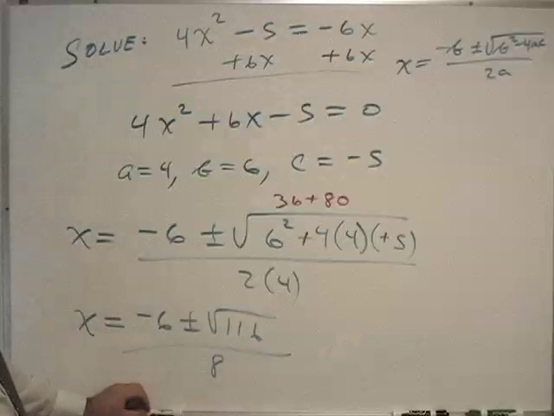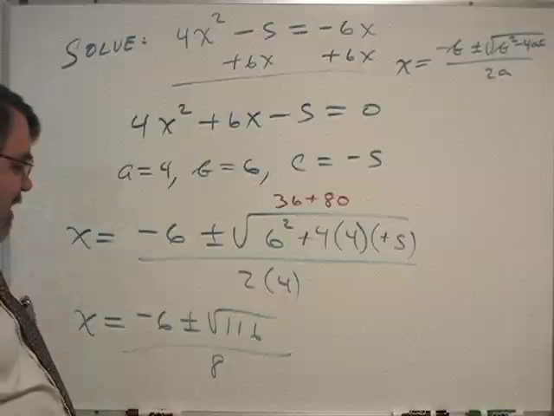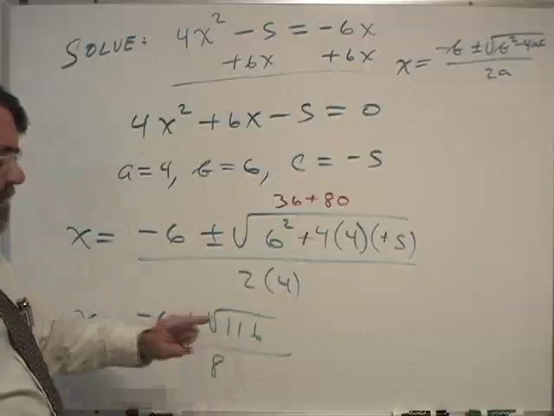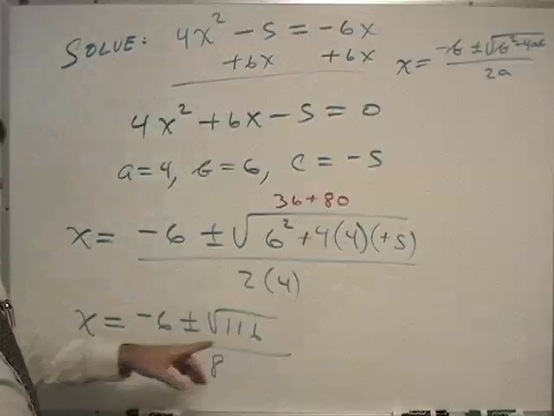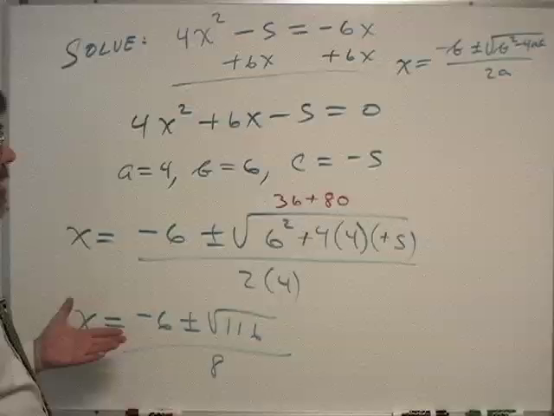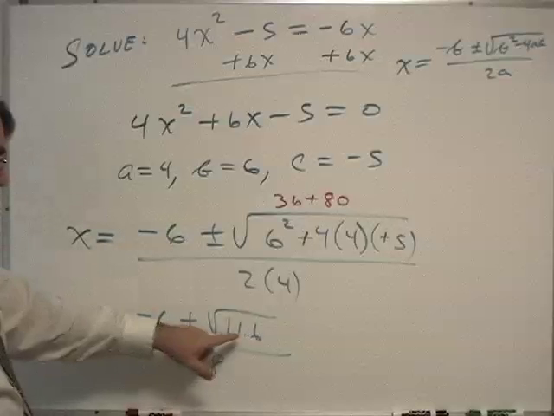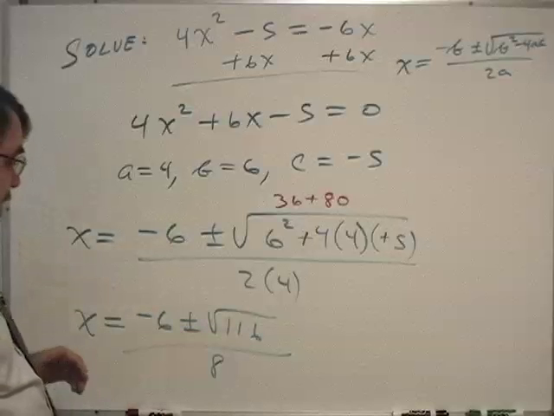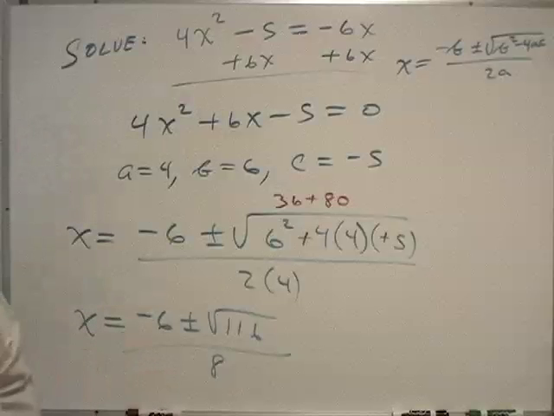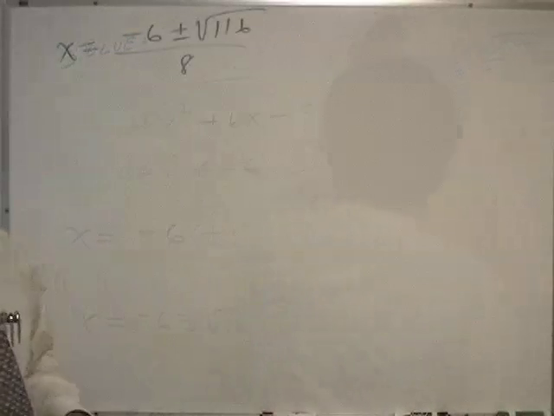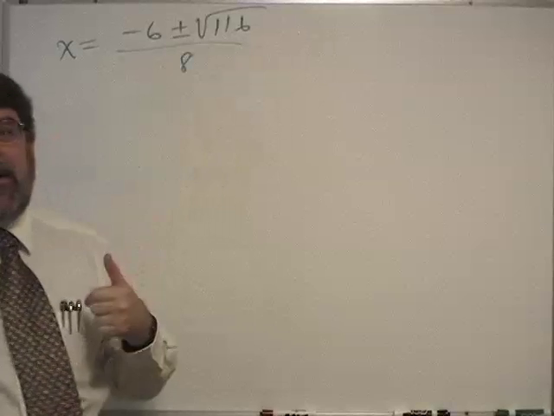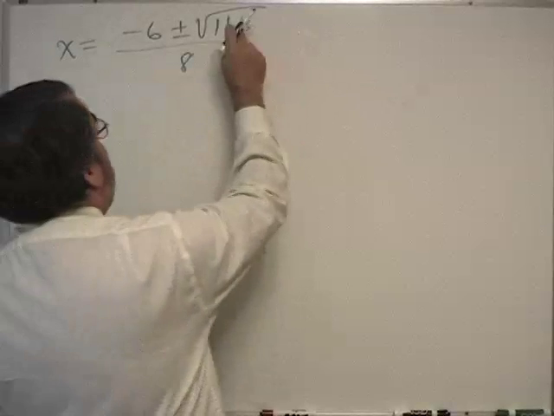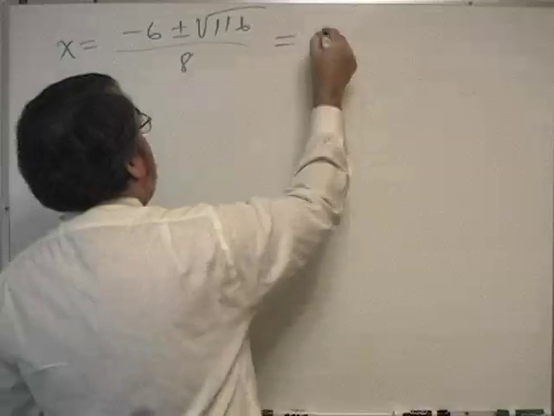All right, well, we're not done by any means, because the square root of 116 can be simplified. We can divide 4 into 116 evenly, and 4 is a perfect square, so we can simplify this. I need to make some room, so I'm going to do some erasing here. Okay, I've erased the board and recopied where we left off, and I'm going to simplify this square root.